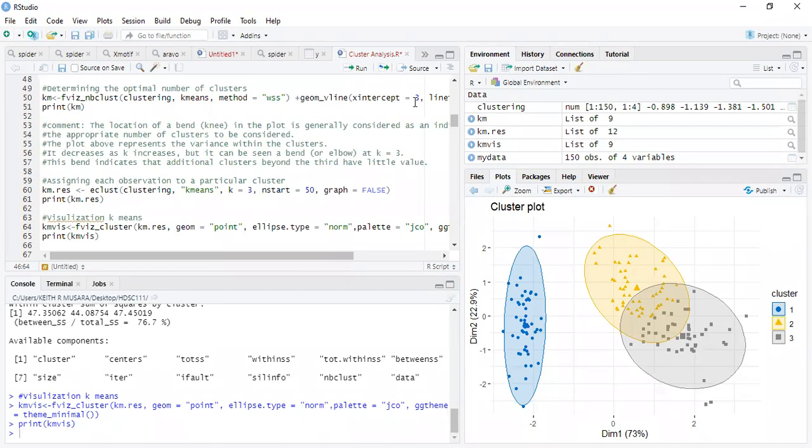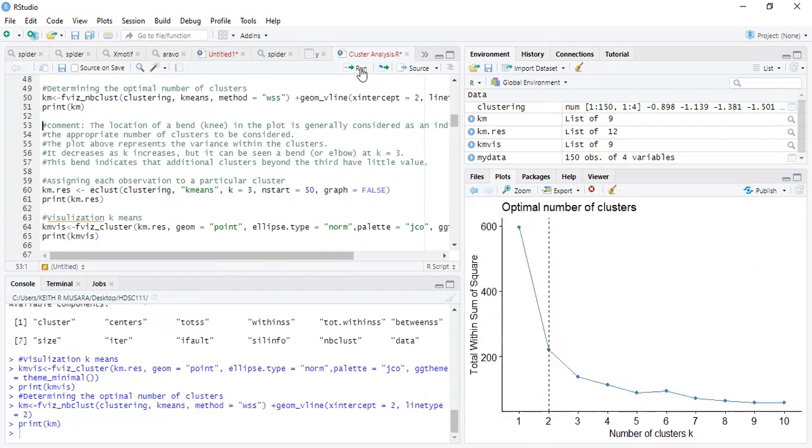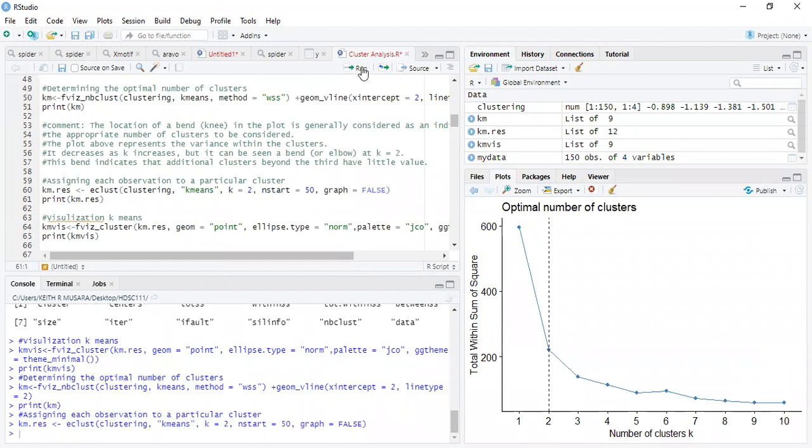So suppose we choose k equals 2, right? I'm changing now from the optimal number of clusters. We've picked 2. Let's see what the visualization is, and let's calculate again. Let's assign each observation to a particular cluster.